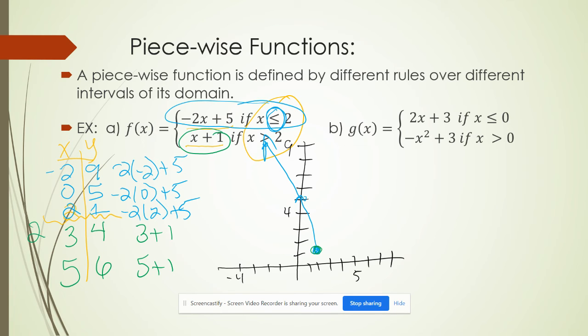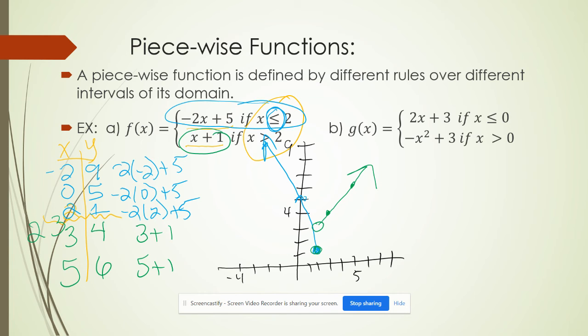I forgot to put 2 in here. I apologize. So 2 plus 1 is 3. So here is 2, 3. There's my open circle. And then 3, 4, and 5, 6.